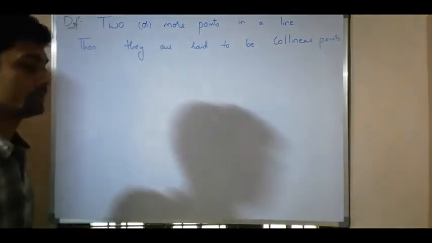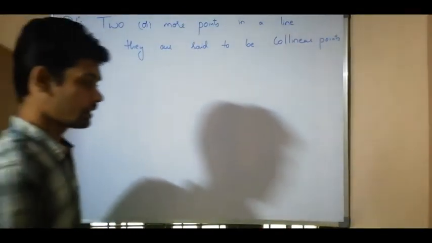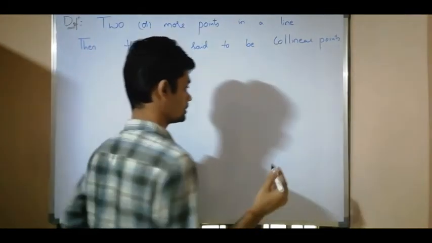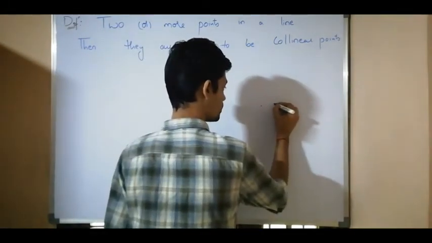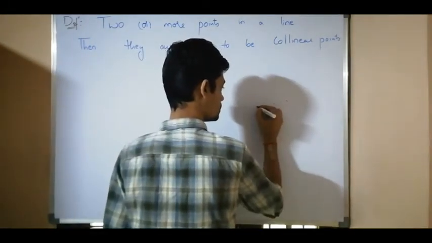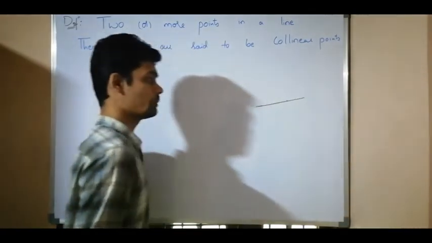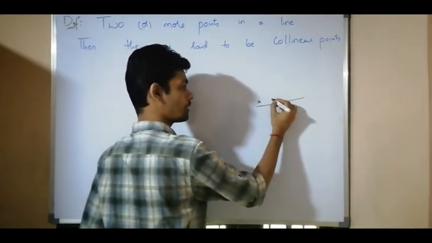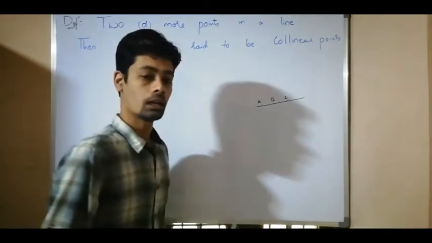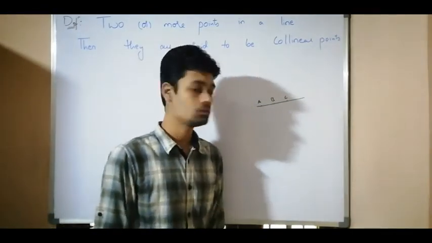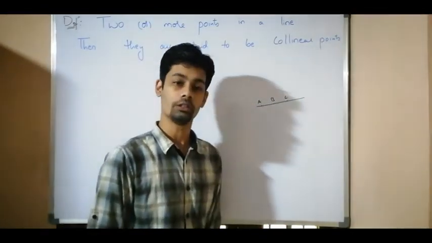Collinear points means if I take 3 points, all the 3 points A, B and C lie on a same line, therefore 3 points are collinear.